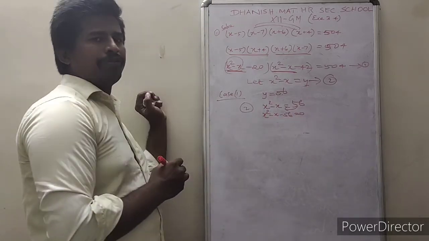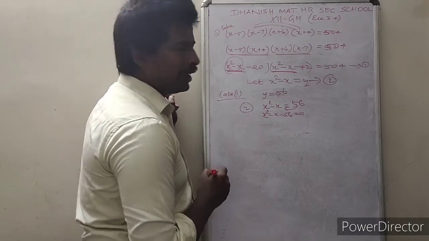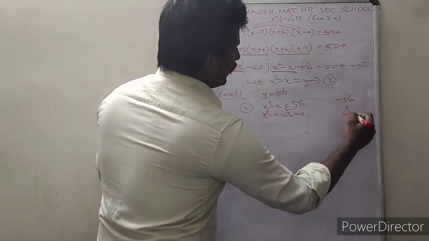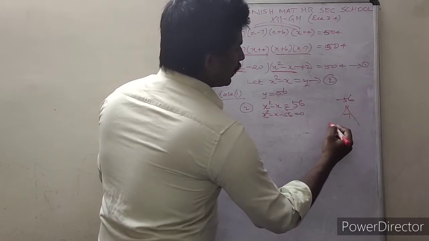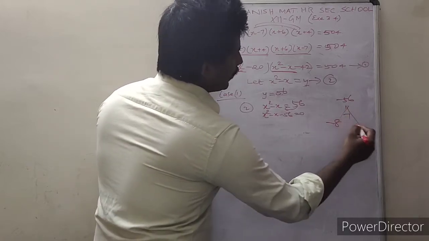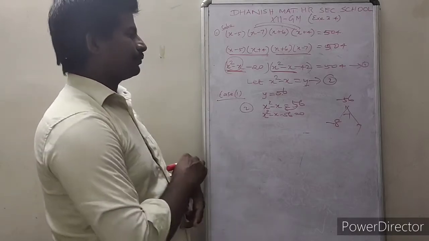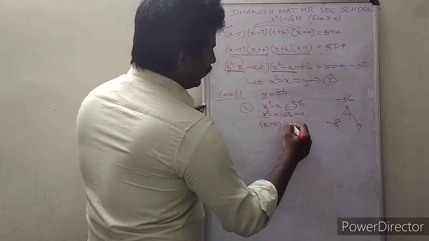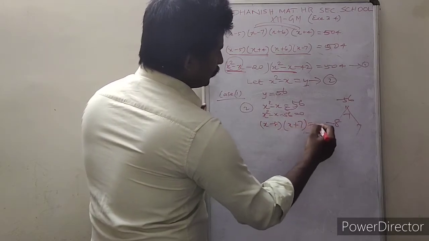Similarly, we are going to factorize this equation by the splitting the middle term concept. So minus 56 and minus 1: our required numbers will be minus 8 and 7. So x minus 8, x plus 7 equal to 0.